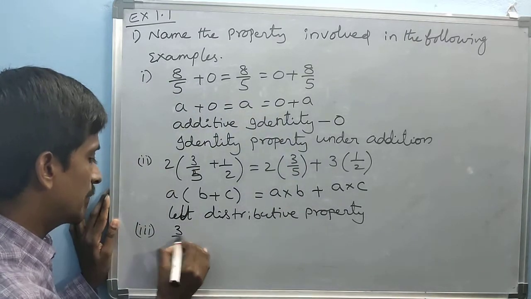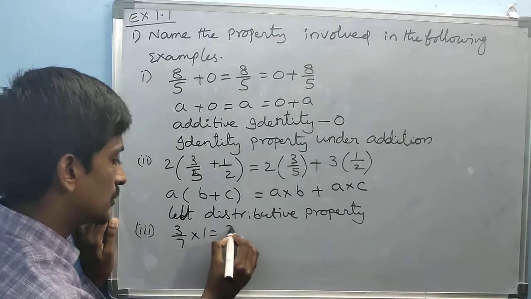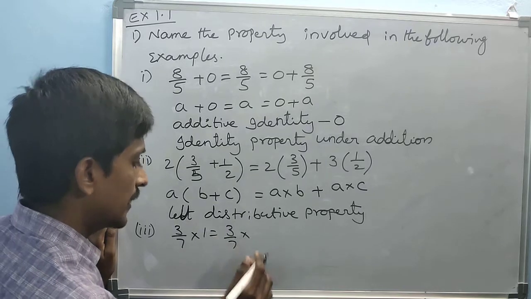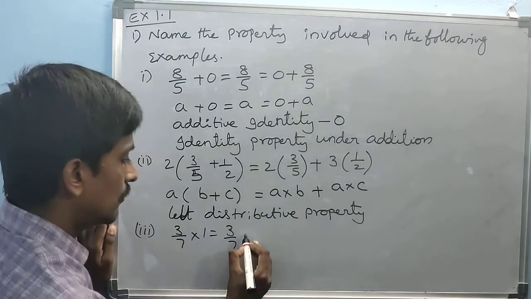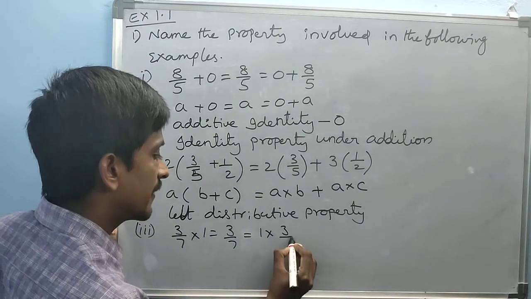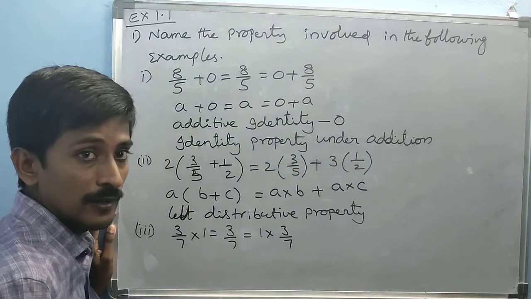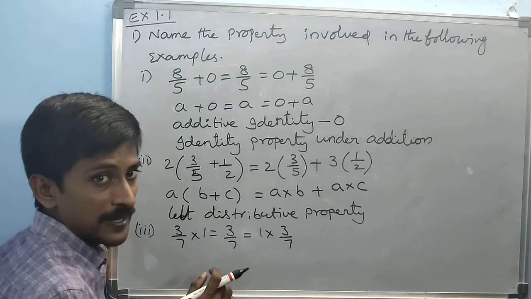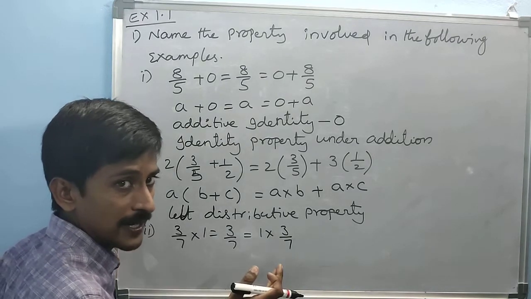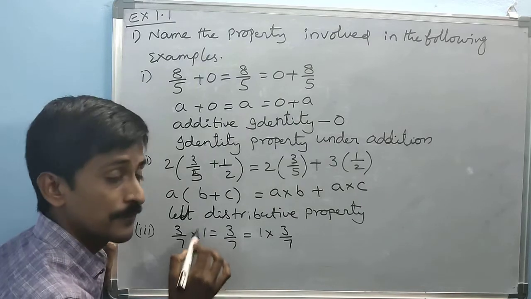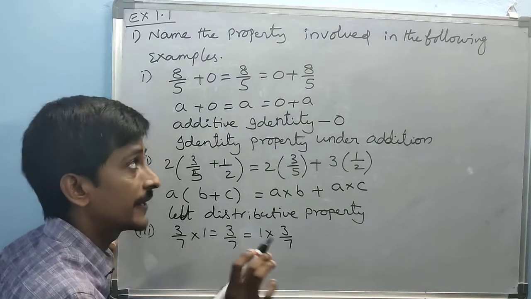Say 3 by 7 into 1 equals 3 by 7 equals 1 into 3 by 7. Which number multiplied by a given number gives the same number? That number is called the multiplicative identity.